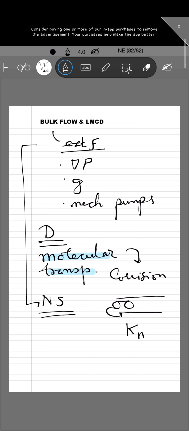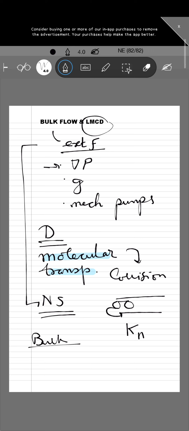Now, an example of bulk flow is the blood flowing through our veins or arteries. Also in microfluidics, bulk flow has significance because the fluid that flows through the microchannels can be considered a bulk flow, and it is mainly, as previously mentioned, due to differences in pressure or pressure gradient.